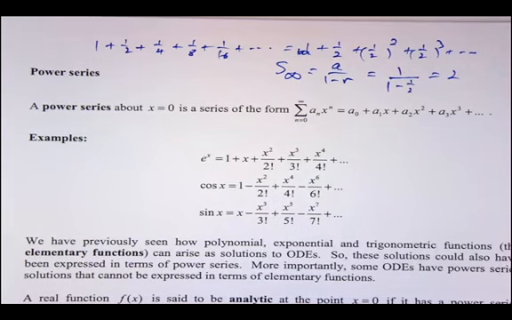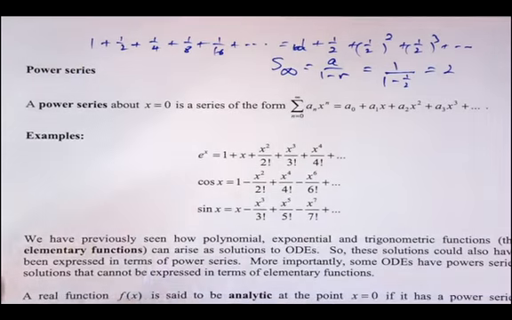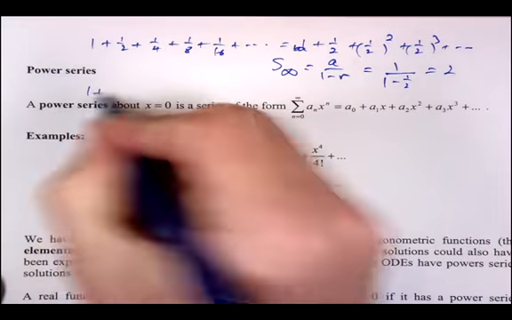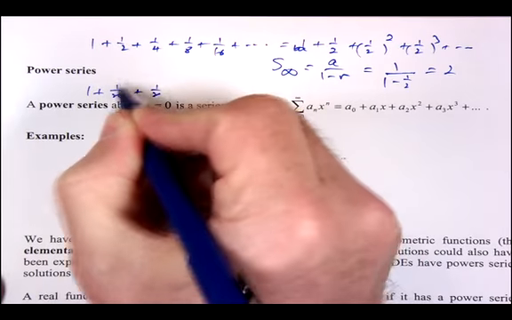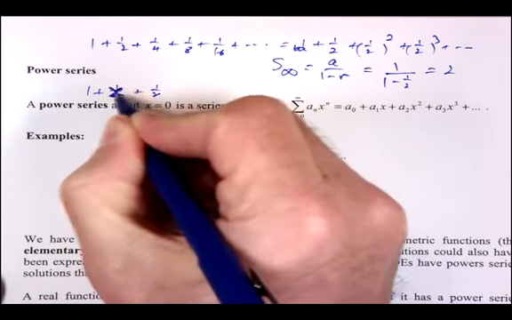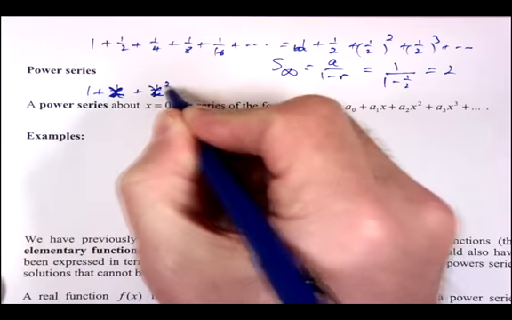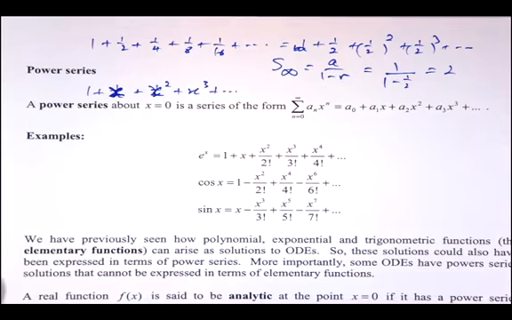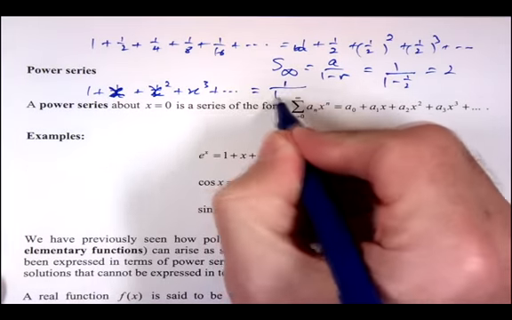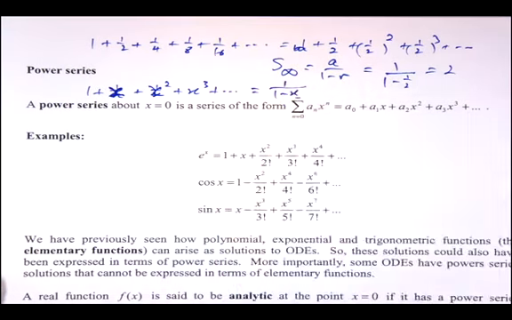What if I make this a little more general? What if I say 1 plus x plus x squared, plus x cubed, plus etc. Then we would say that that adds up to the same thing. What's the first term? 1 over 1 minus the common ratio.